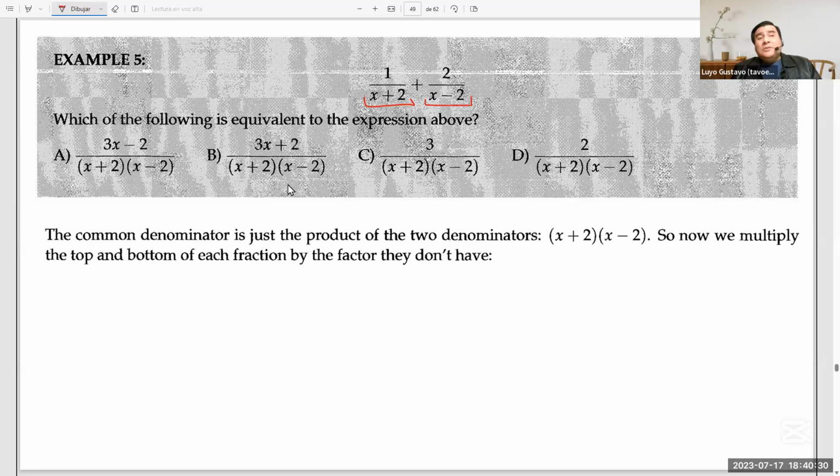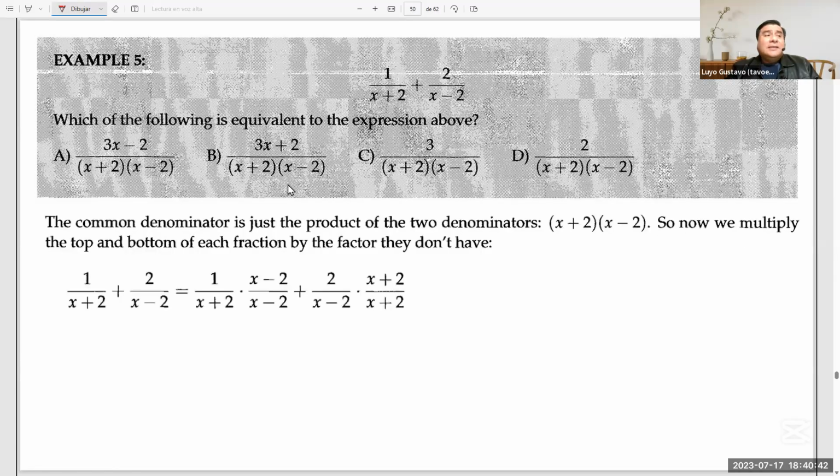So this will be the new denominator for each fraction. So we need to multiply the numerator by the factor they don't have. What would happen to the first fraction? Notice the first fraction, which is 1 over x plus 2, in the denominator we need to multiply by x minus 2 in order to obtain the common denominator.